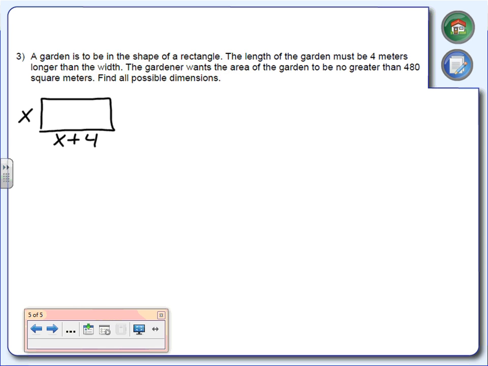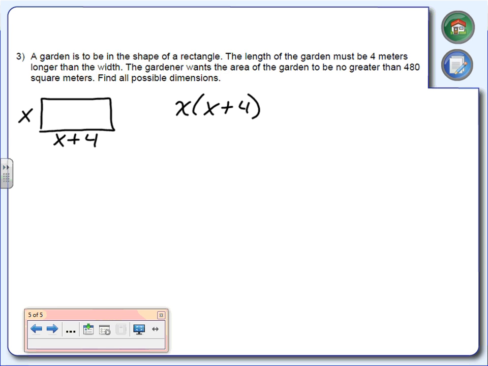So the next question is, how do you find the area of a rectangle? There you go, length times width, which in our case is going to be X times X plus 4. This is how we find the area of a rectangle. Now notice how up there it says that the gardener wants the area to be no greater than 480.